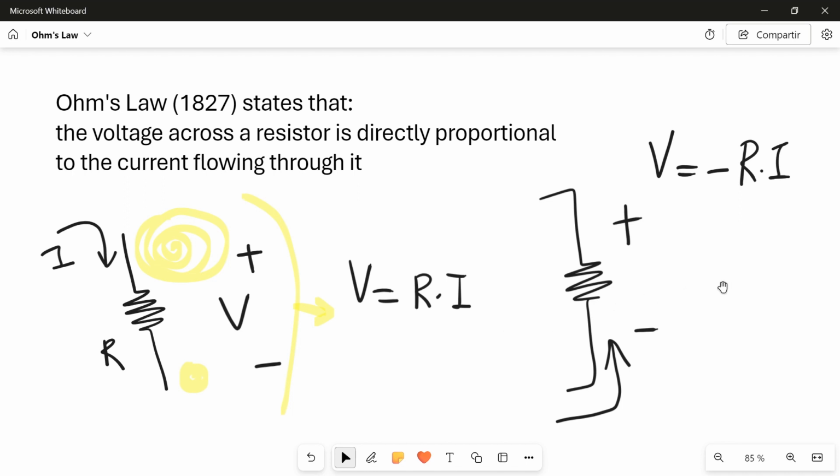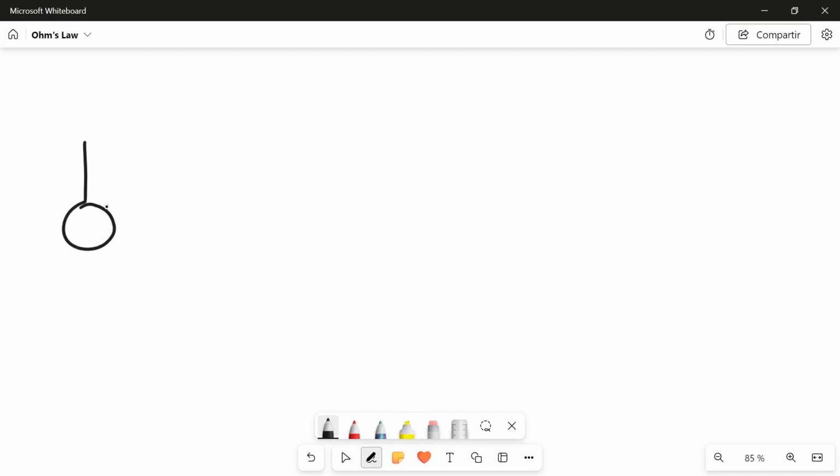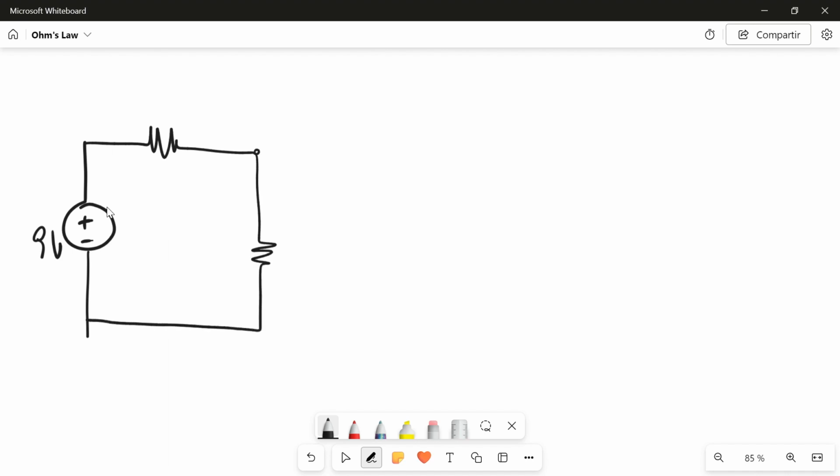Anyway, let's take an example and see if it's actually the same thing for real. For example, we take a common mesh, a voltage divider. So we write this down and calculate the values. I have a battery of 9 volts, and just two resistors, 1 kilo ohm here and 1 kilo ohm here.